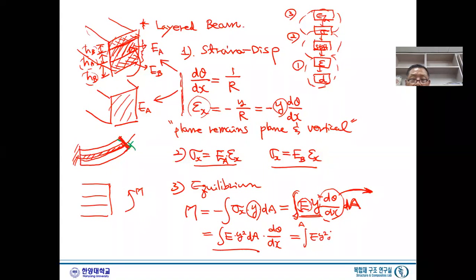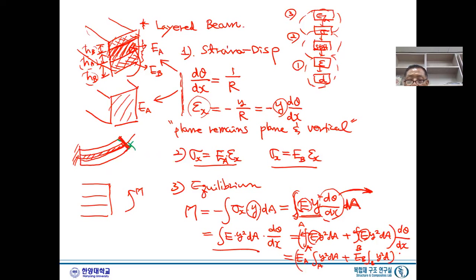So E y squared dA over area A, plus E y squared dA over area B, then times d theta/dx. Then in region A, E is a constant, and we can take it out of the integration, and then this should be E_A times the integral of y squared dA over A, plus E_B times the integral of y squared dA over B.